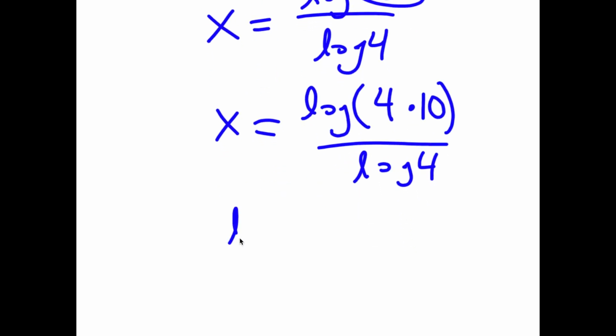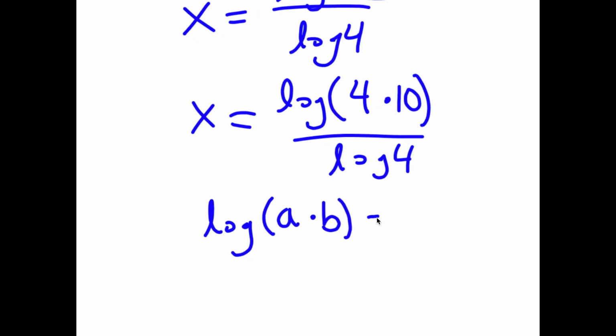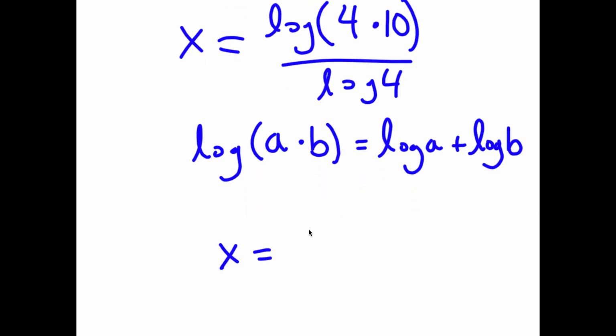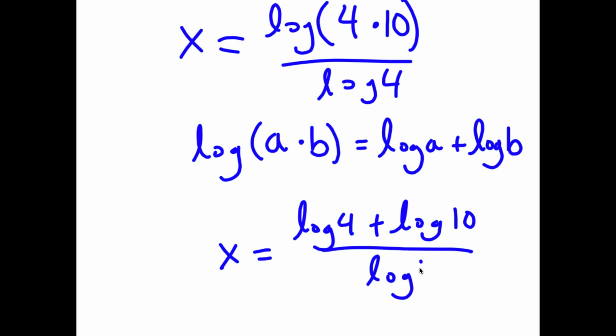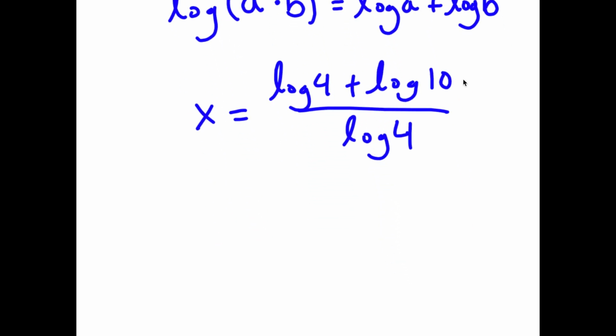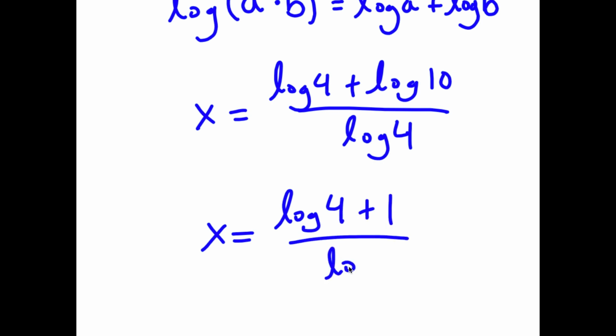And if I have something in the form log of a times b, this is equal to log a plus log of b. So log of 4 times 10, that's going to equal log of 4 plus log of 10, over log 4. And if you guys already know, log 10 is actually equal to 1.